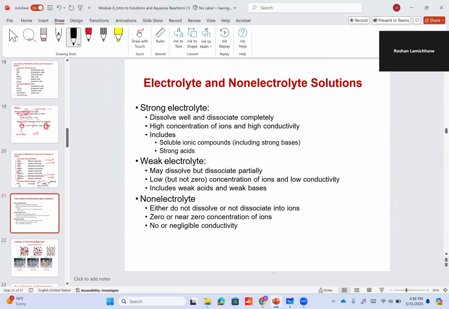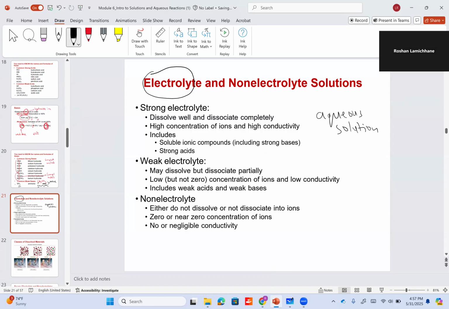All right, now we're going to talk about this concept called electrolyte. Since we talked about salt dissolving in water to give us an aqueous solution, and about strong acids, weak acids, strong bases, weak bases, and so on, this leads to our concept called electrolyte.